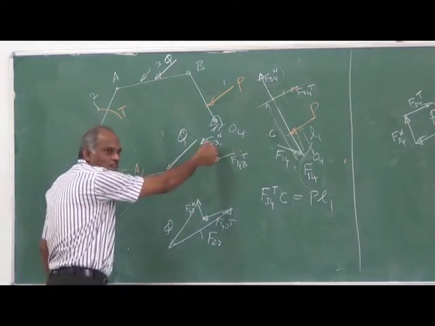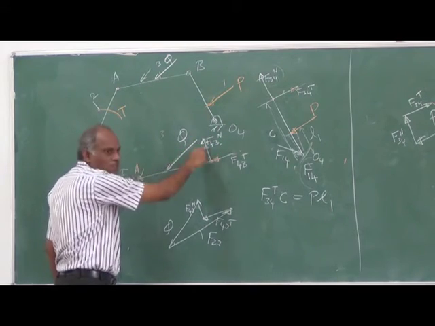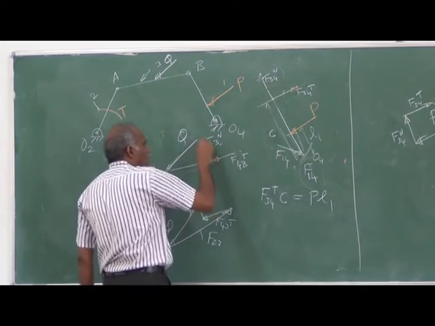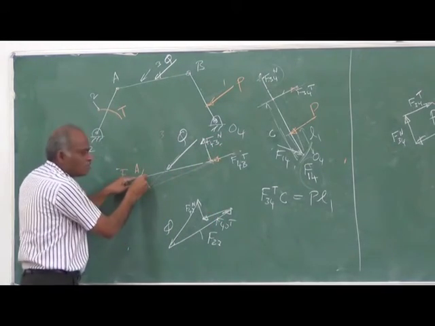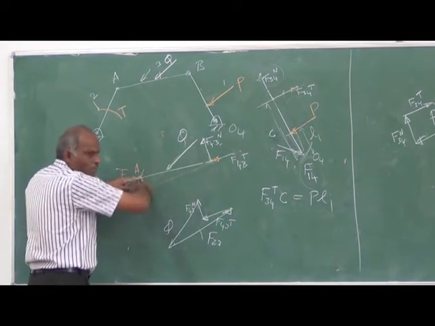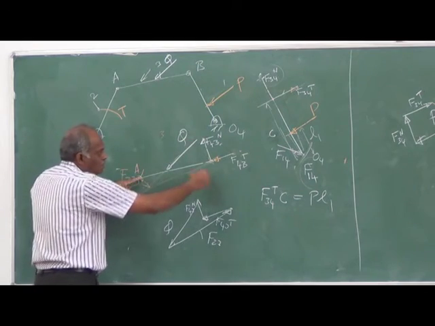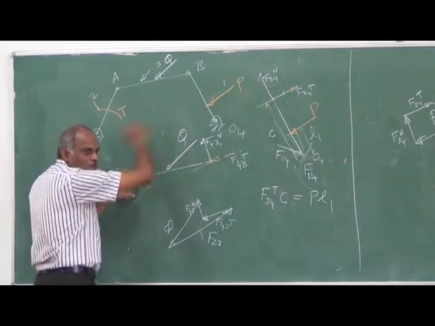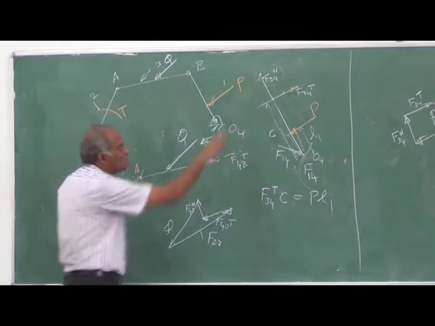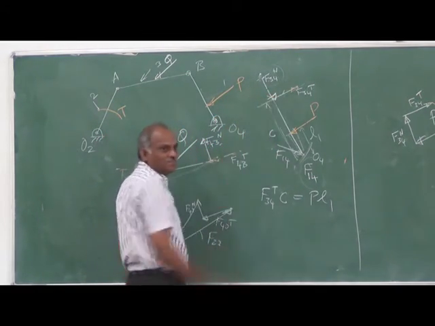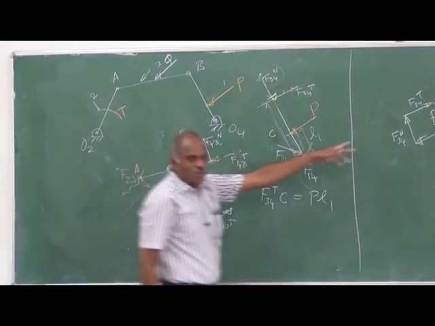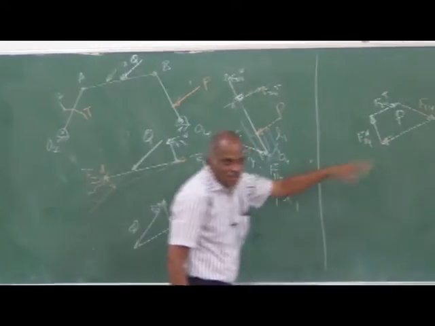This here 4-3 direction, which is going to be just opposite of this, right? See, how do I get this? Let me take the moment of this. This will be producing a clockwise moment. This will be producing a clockwise moment. So this must be producing an anti-clockwise moment. That is how I got it. So here it should be reverse of that. So here I think I have to reverse accordingly to get the polygon properly.